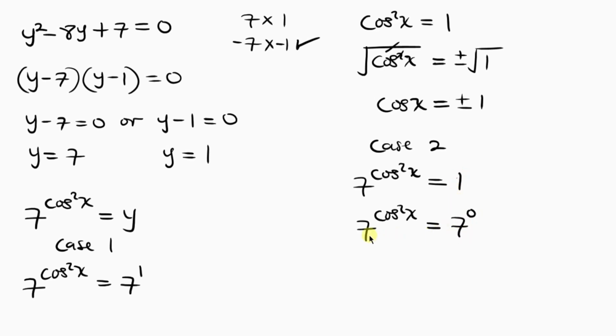Now, since the bases are the same, we can equate the powers. So equating the powers, the power on the left is cos squared x, equal to the power on the right, which is 0. And taking the square root of both sides, we are also going to have cos x. The square root of 0 is always 0. So we have cos x is equal to 0, and we have cos x equal to plus or minus 1.